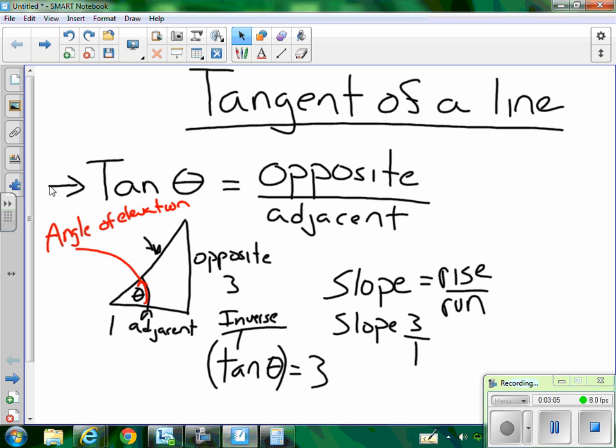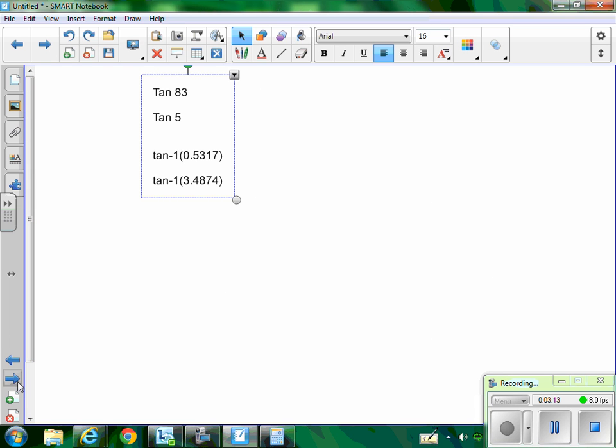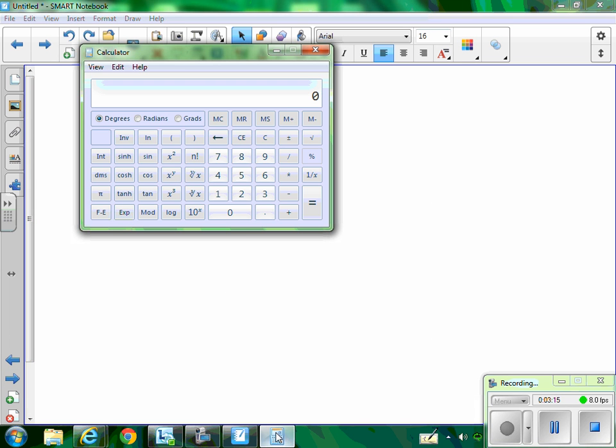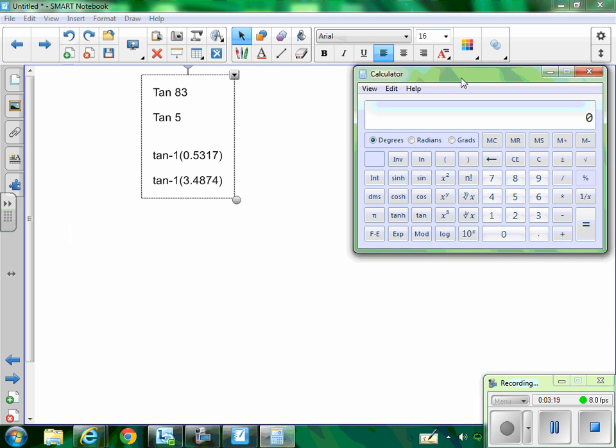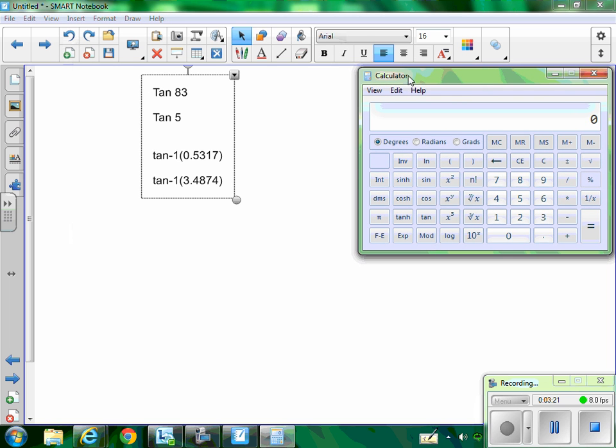So to do that, we need to learn about how to use a calculator. And so let's look at some examples. And let's bring up a calculator. Now your calculator may look a little bit different, but all scientific calculators have a couple of features in common.